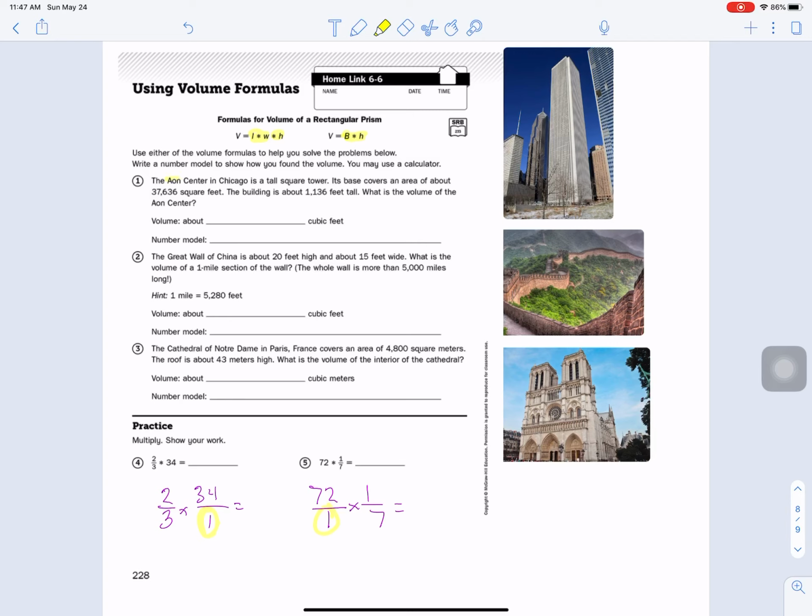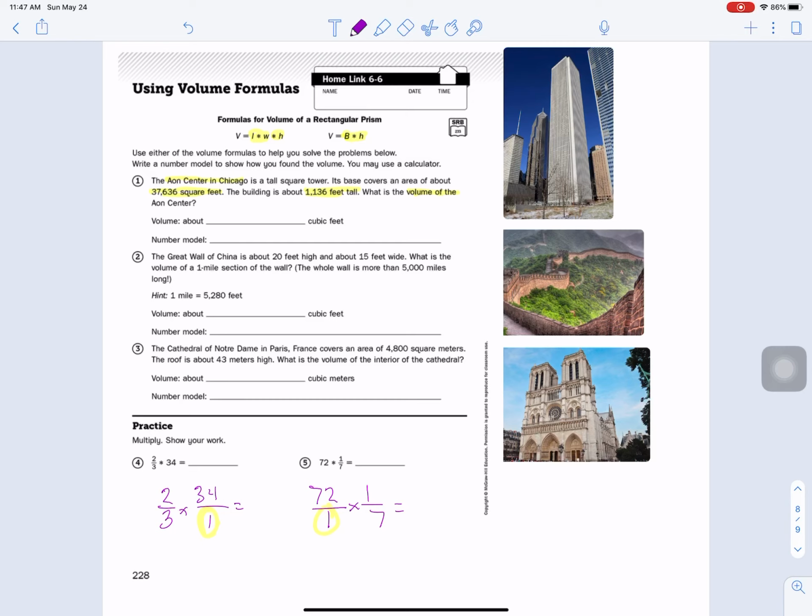The Aeon Center in Chicago is tall and square. Its base covers an area of 37,636 square feet, and it is 1,136 feet tall. What is the volume? Now, I want you to remember something.